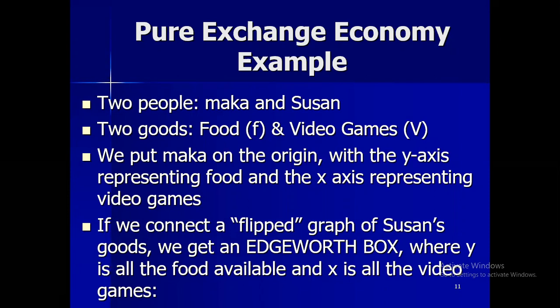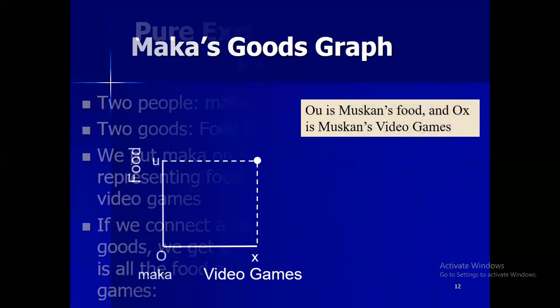If we connect a flipped graph of Susan's goods, we get an Edgeworth box, where Y is all the food available and X is all the video games. What is an Edgeworth box? It depicts the distribution of two goods in a two-good, two-person world, right?